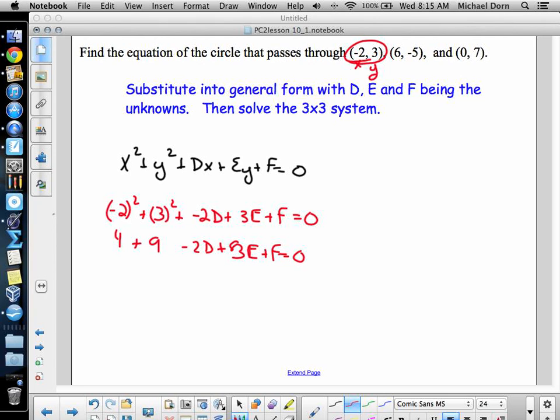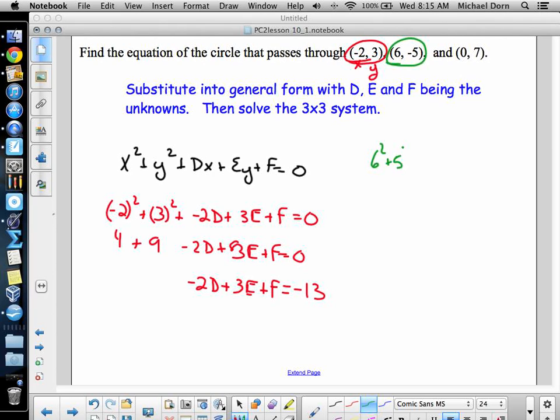So 4 and 9 is 13, so negative 2d plus 3e plus f equals negative 13. There's one equation. Now we're going to do that again with the second point.